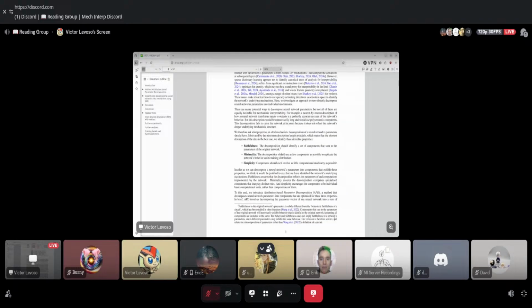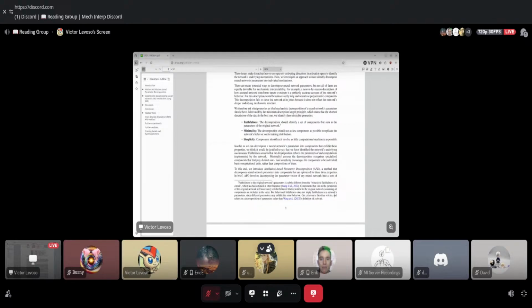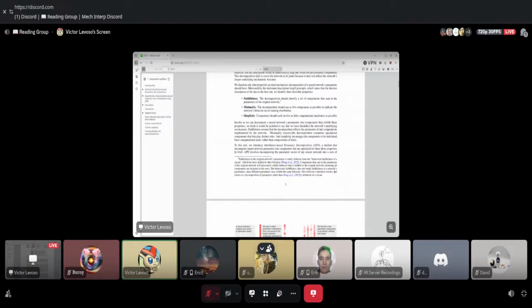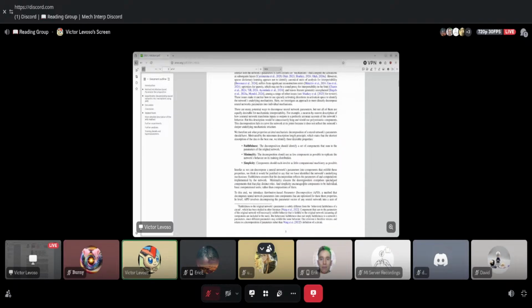Minimal was... which component is possible. Seems like there is a trade-off between minimality and simplicity. I guess you can put the whole spectrum. If you want the maximally minimal decomposition, it is just the flattened version, just the actual thing.